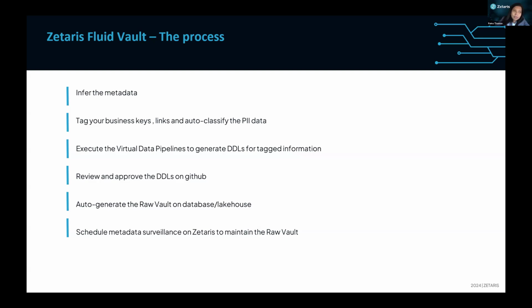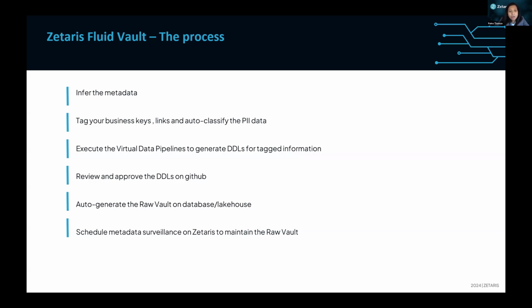Today, I'm going to show you that we'll be providing a recommendation for tags. You'll need a business SME to review those business keys, links, and the PII data. And then we execute the virtual data pipelines to auto-generate DDLs. Once the DDLs are generated, they go into GitHub where they get reviewed and approved. Once it's approved, you auto-generate the raw vault on the lakehouse.